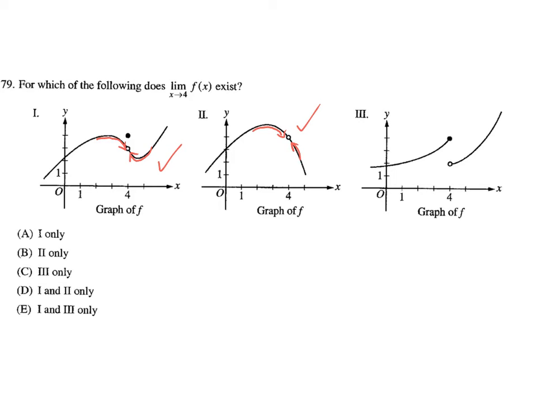It's all good. And 3, our cars are going to 2 different places. They do not approach the same value. The limit does not exist here. So 3 is no bueno. Oh, which of the following does exist? So we like 1 and we like 2.